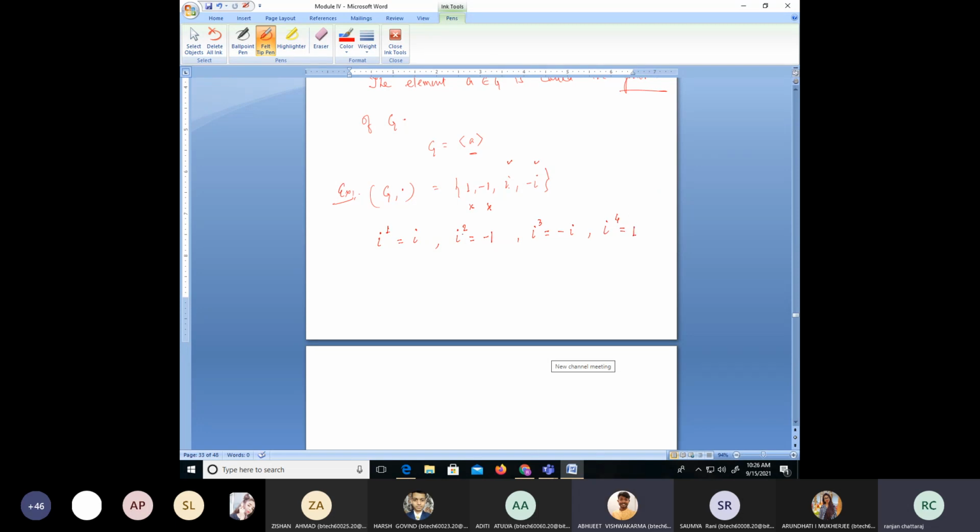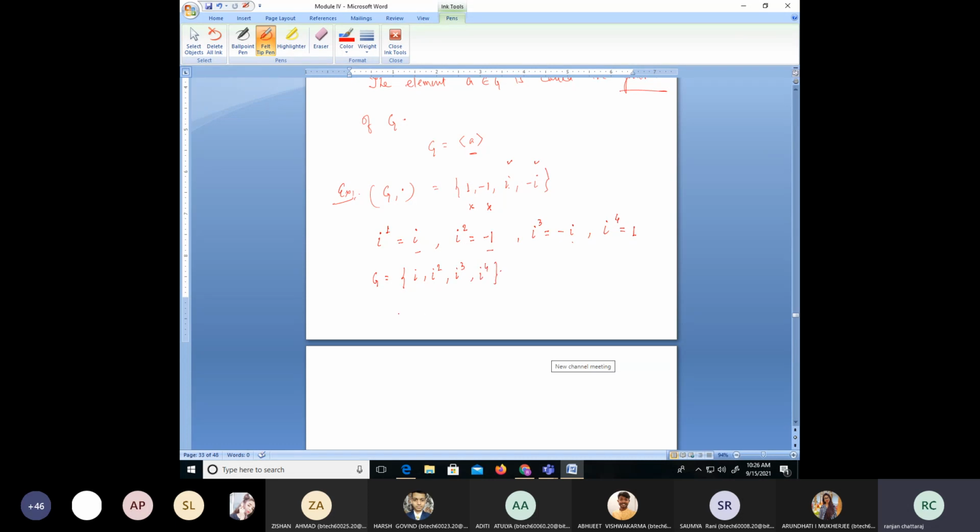So you are getting 1, minus 1, i, minus i. So you may write G like this: i, i squared, i to the power 3, i to the power 4.